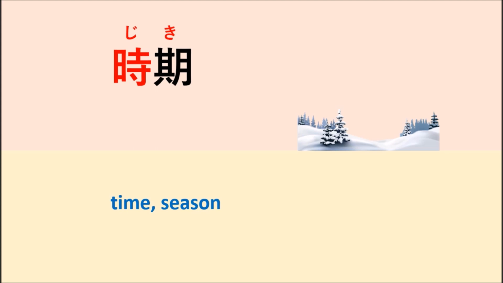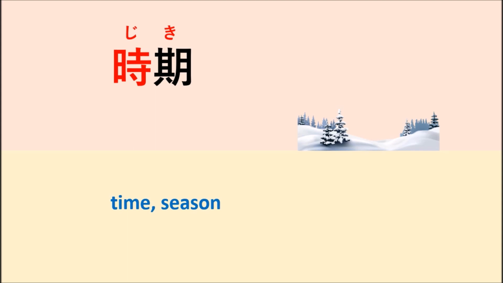So you can say jiki. If you want to say winter period, you can say Fuyu jiki, Haru jiki. So jiki represents the time from one point to another point.